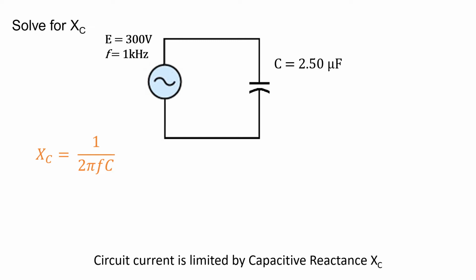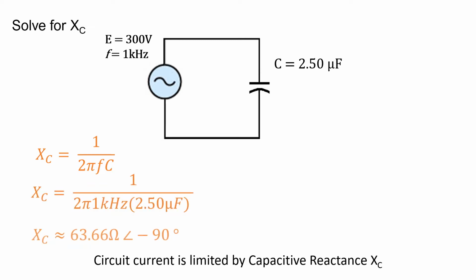Let's do one more. This time, let's have 300 volts, a 1 kilohertz frequency, and a little 2.5 microfarad capacitor. Since the frequency has gone way up, but our capacitance has gone down, we end up with 63.66 ohms at minus 90 degrees.